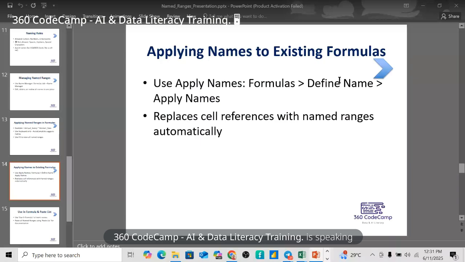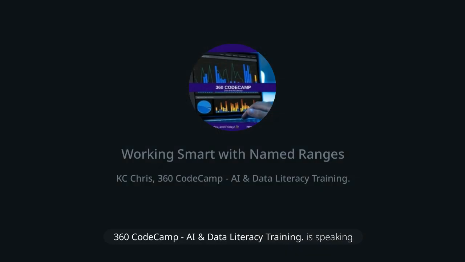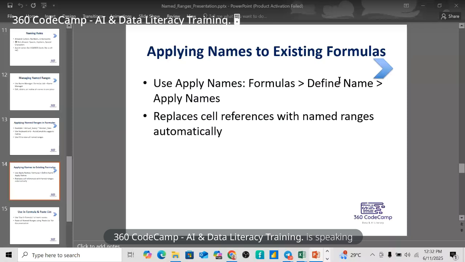So you have existing formulas and you want to apply names to them. You go to the Formulas tab, go to Define Name, then apply the names there. This replaces cell references with name ranges automatically. I've talked about this already.